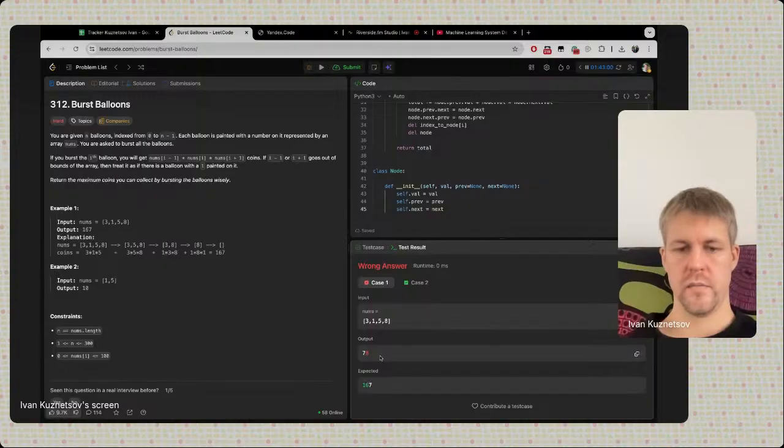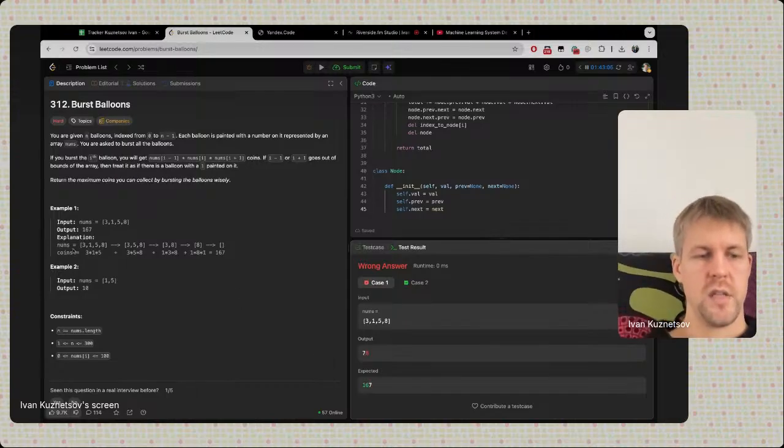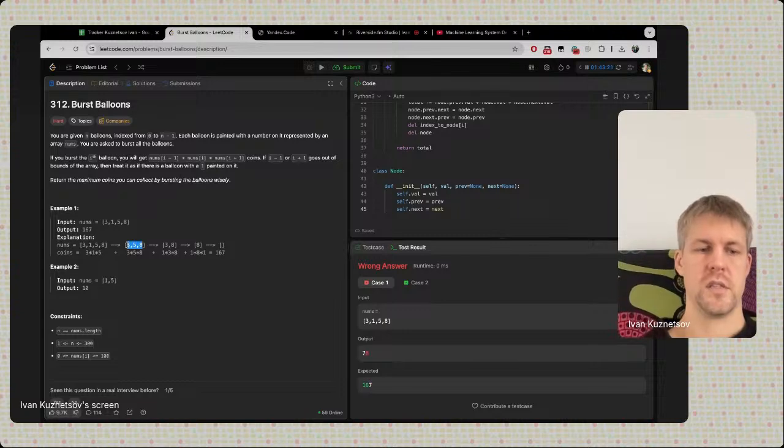Okay, wrong answer. Yeah, so I'm clearly missing something here. Let's see what is the example. So first we are bursting 1. Oh, yeah. So it is a corner case against borders.